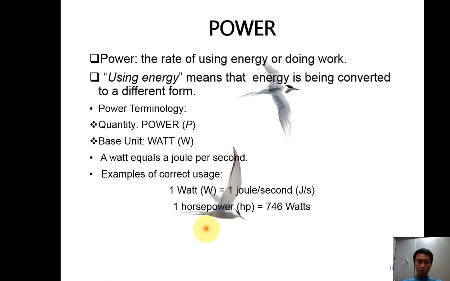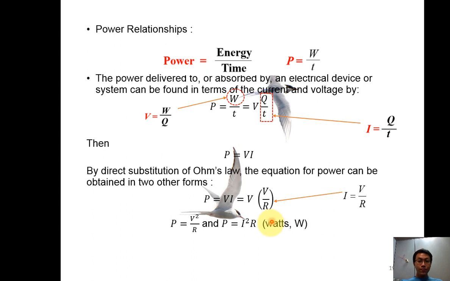Sometimes we use 1 horsepower as well, which equals 746 watts. So the relationship is power equals energy divided by time, where we use P equals W divided by T. Then the power delivered to or absorbed by an electrical device or system can be found in terms of the current and voltage. To make it easy, now I want to derive it and relate it to current and voltage.